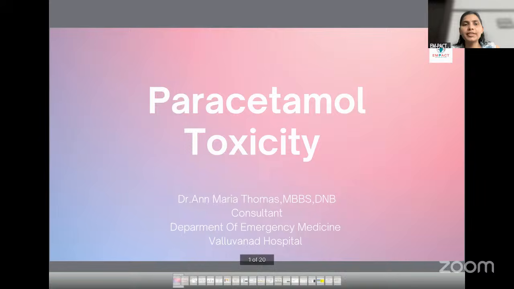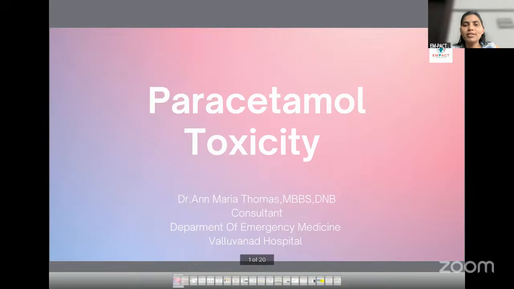And for children, more than 150 mg per kg acute ingestion of rapid release paracetamol is the toxic threshold. So in our case, it's 19.5 gram, definitely toxic. So even though the patient is completely asymptomatic, the patient needs urgent evaluation and management.